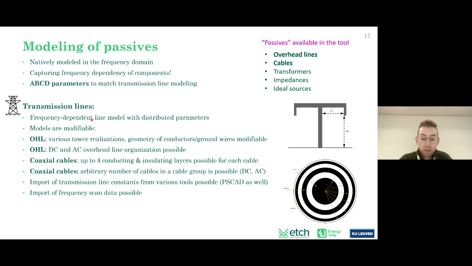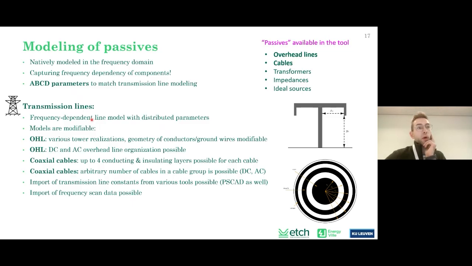You can change the number of subconductors in a bundle. So it's really a lot you can do. It basically matches the PSCAD modeling when it comes to overhead lines. There are also DC and AC overhead line configurations possible. So this is also very important. So with the tool, we can also model DC overhead lines.